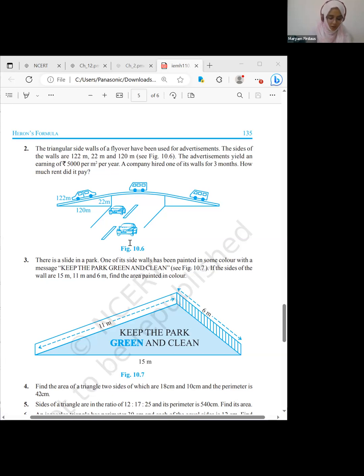The sides of this wall are 122 meters, 22 meters, and 120 meters. The advertisements yield an earning of rupees 5,000 per meter square per year. A company hired one of its walls for 3 months. How much rent did it pay? Okay, so let me just write it over here.